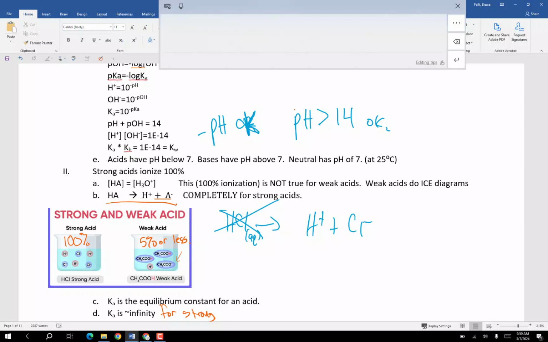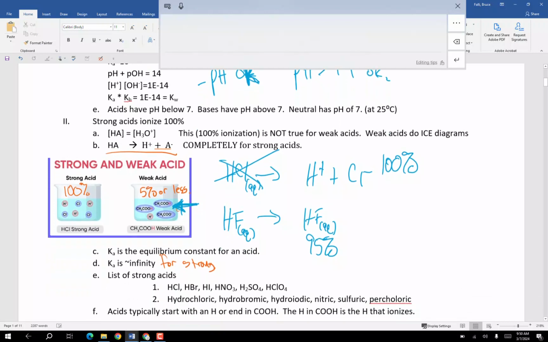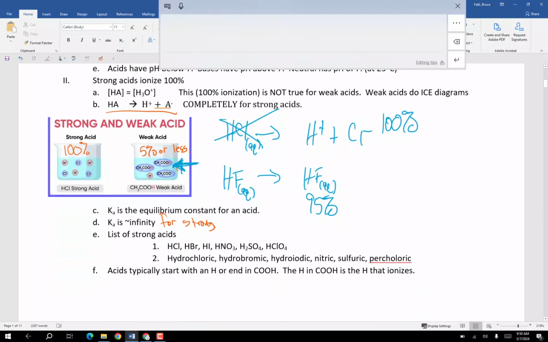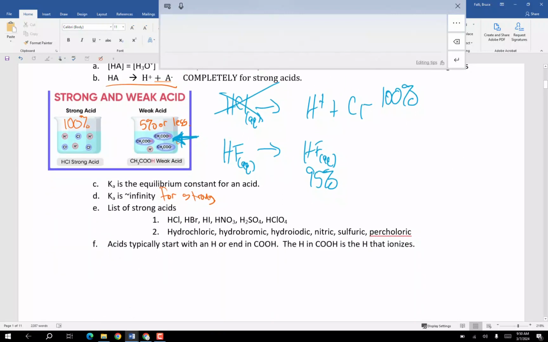Okay, but if I'm thinking of a weak acid, HF is a weak acid, aqueous, I need to think of that as HF together. It's a weak acid. It only ionizes 5% or less. That means it's 95% unchanged, right? But strong acids, 100%. I meant what I said. I said what I meant. A strong acid ionizes 100%.